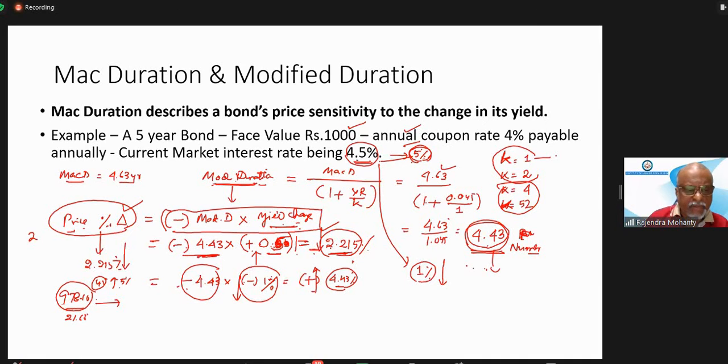So 21.66 has to be reduced. So what will be the price here? So the price will be 956.44. This will be the price.